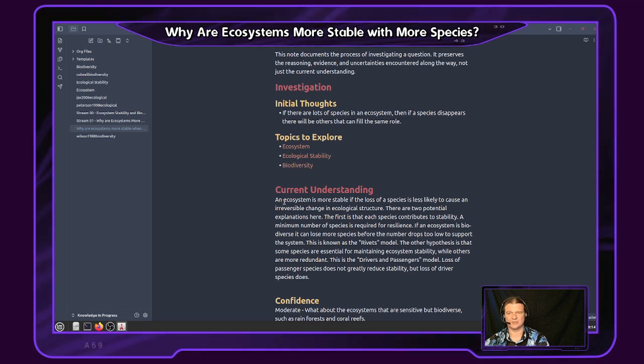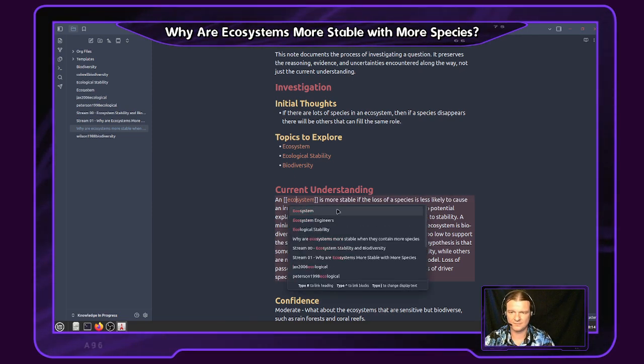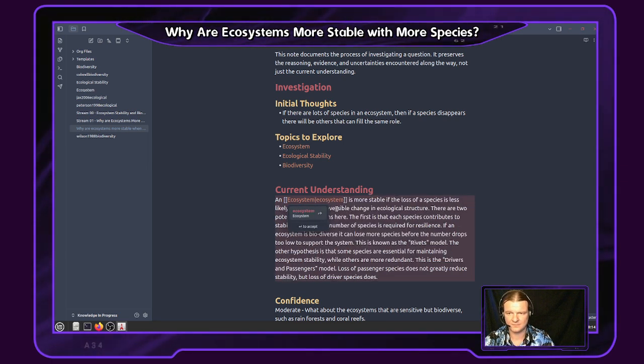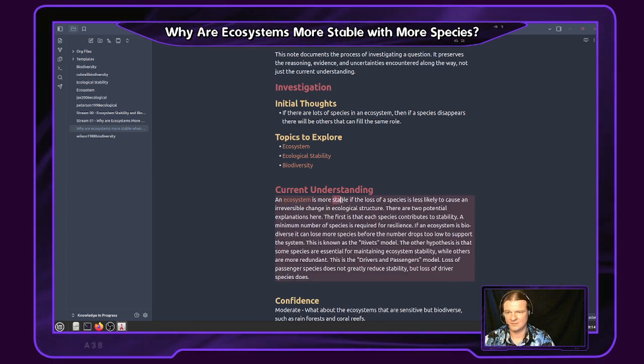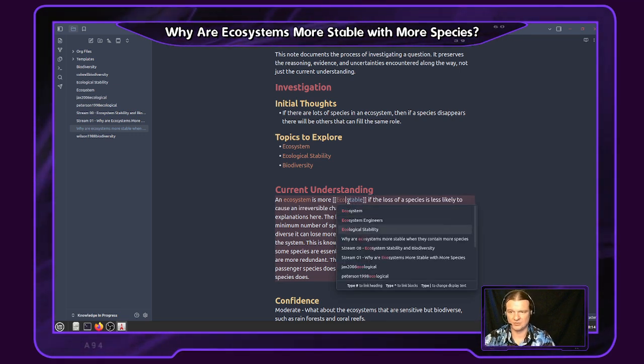Let's link these real quick. So we have ecosystem. That's going to link to, we want stable linked, so this is going to be ecological stability.